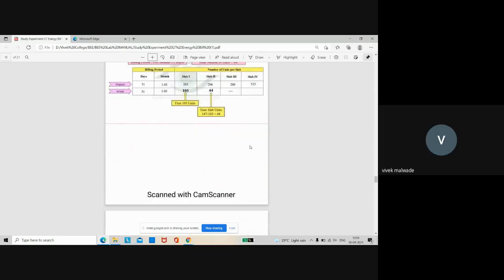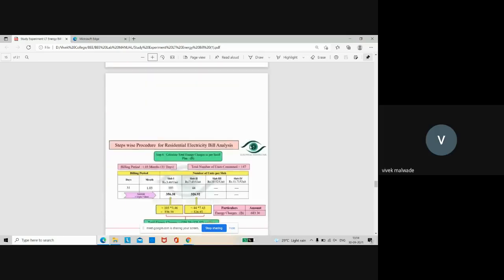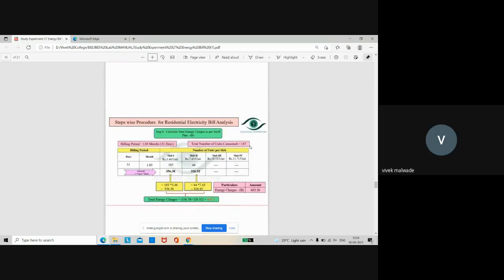So 103 multiplied by 3.46 is 356.38, and next 44 units multiplied by 7.43, it becomes 326.92.